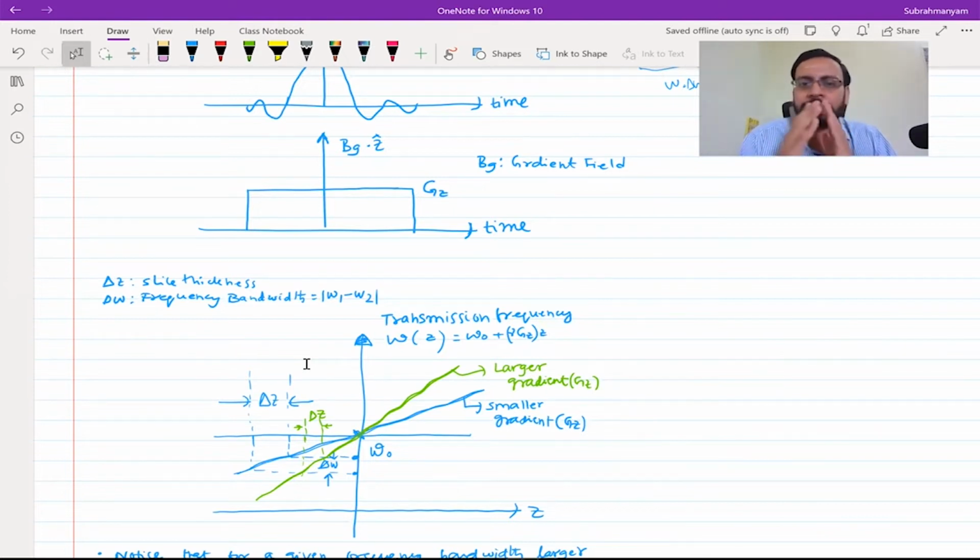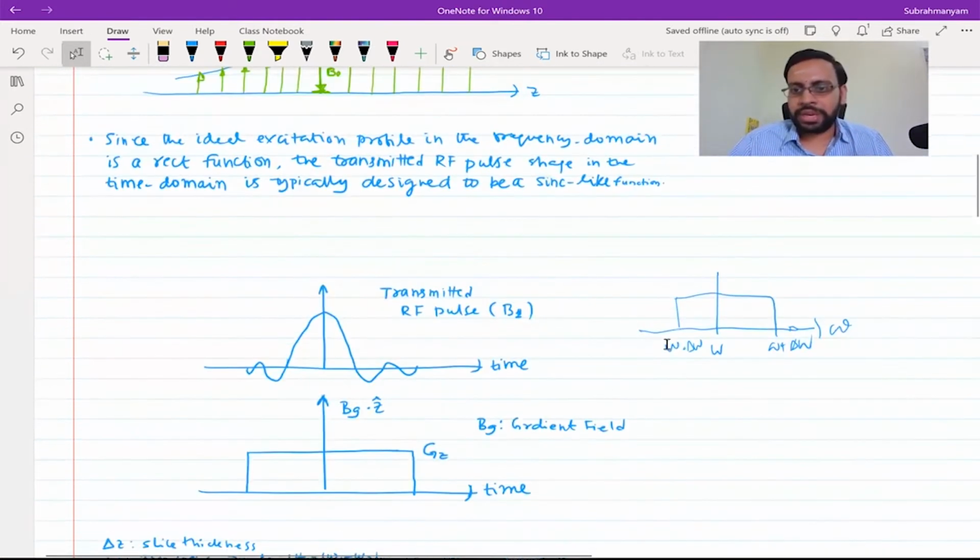That's a very important aspect here. By the way, this would depend on the kind of pulses you are using, because the shape of the pulse would decide the bandwidth over which you could acquire the signal. We will not go into those details, but assume that we fixed the kind of shapes of the RF pulses that we are going to transmit here.